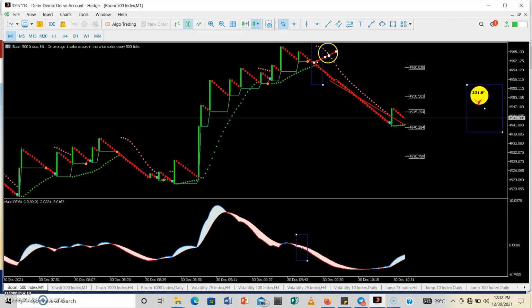And as you can see, you could have sold all the way up to this exit point. Why is this an exit point? Because our red line on top of the candlestick has changed to blue again. We also have these green dots, the parabolic dots, now below our candlesticks, which means the trend has changed.